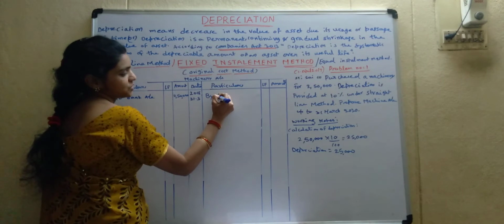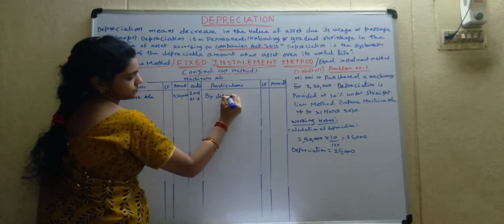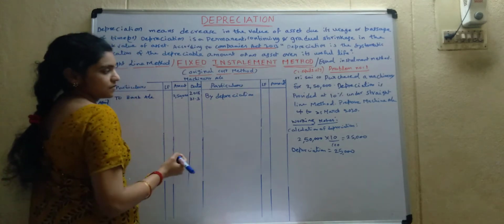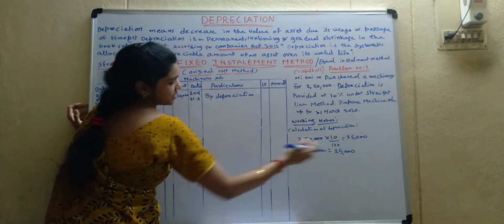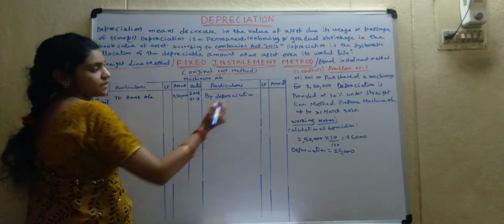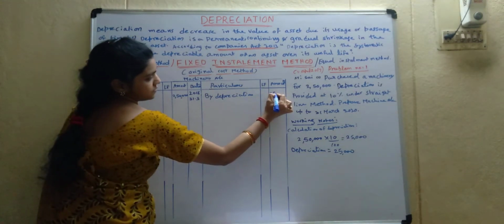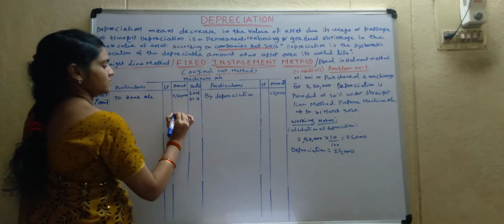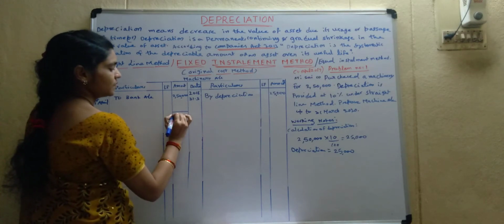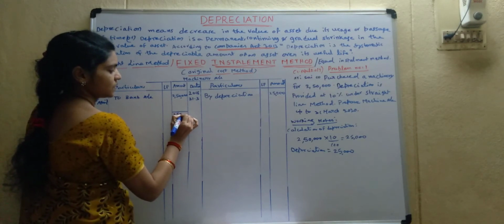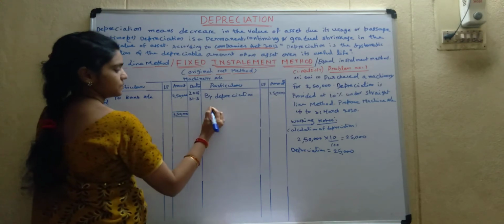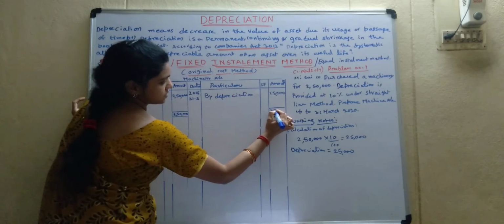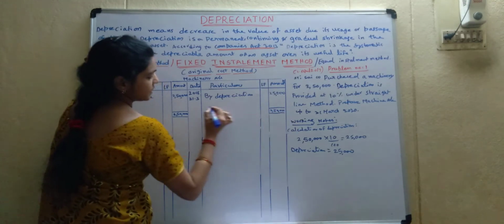Here, by depreciation, 25,000. Now the balance, 2,50,000 minus 25,000. What do we write here?